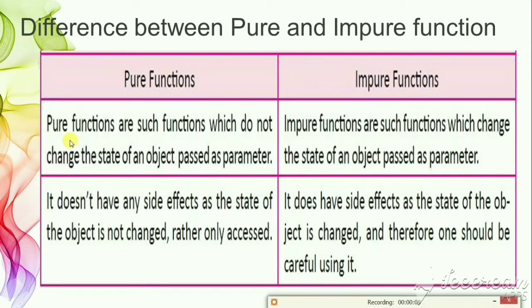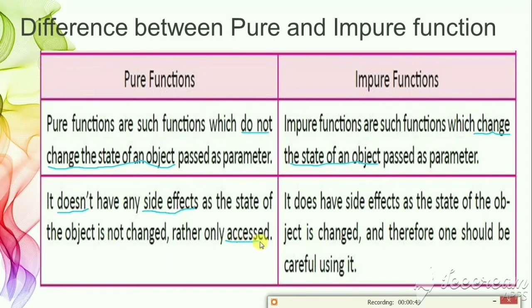The first one: pure functions are functions which do not change the state of the object passed as a parameter. But impure functions are functions which change the state of the object. Next, pure functions do not have any side effects, as the state of the object is not changed, only accessed.